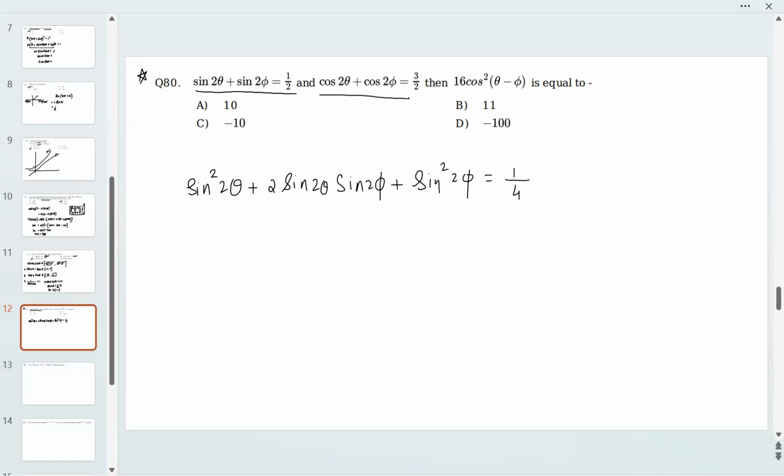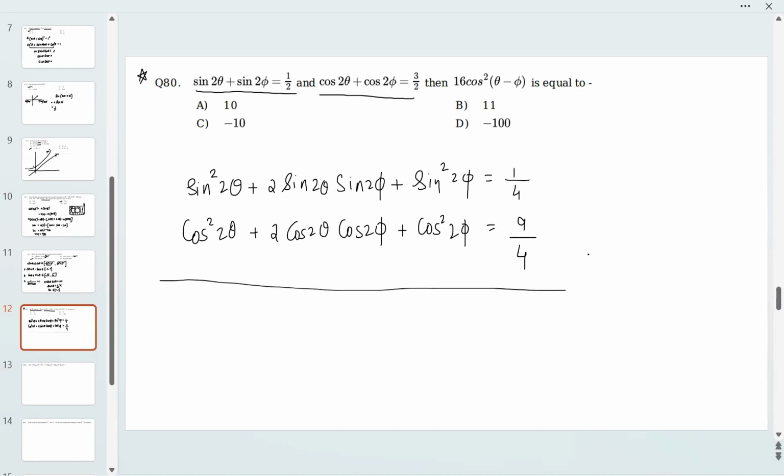And again I will square the other equation. So I will get cos square 2 theta plus 2 cos 2 theta into cos 2 phi plus cos square 2 phi equals 9 by 4.